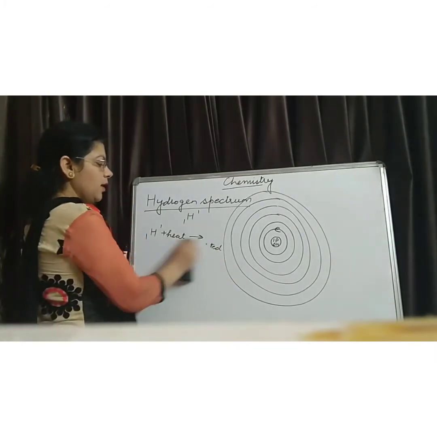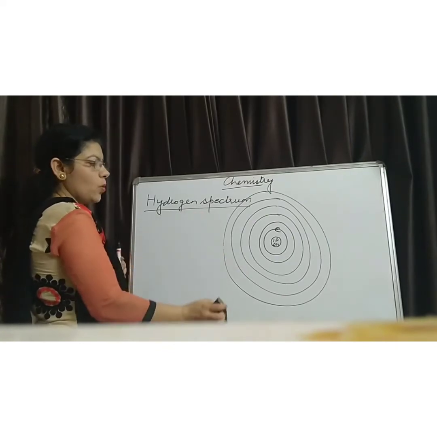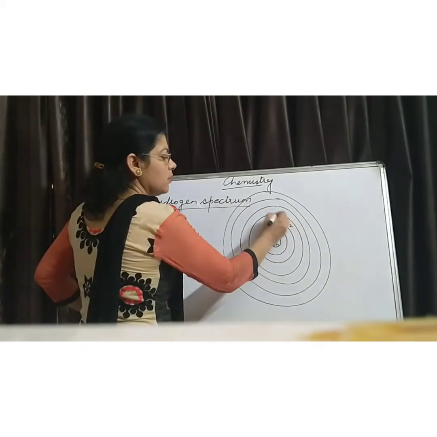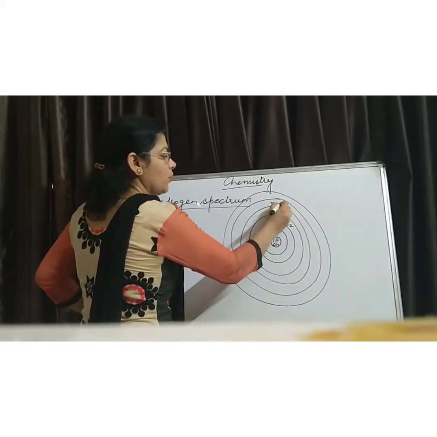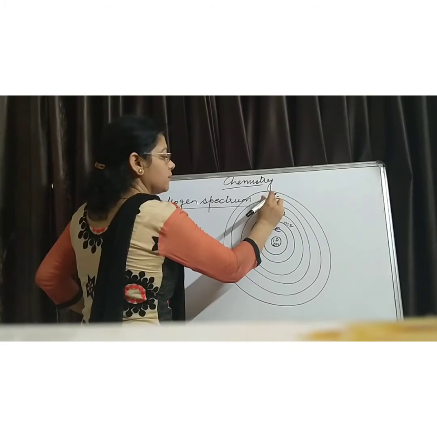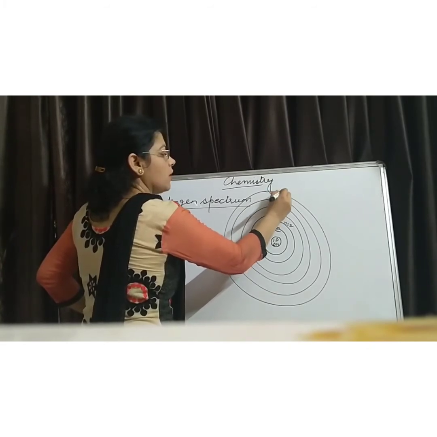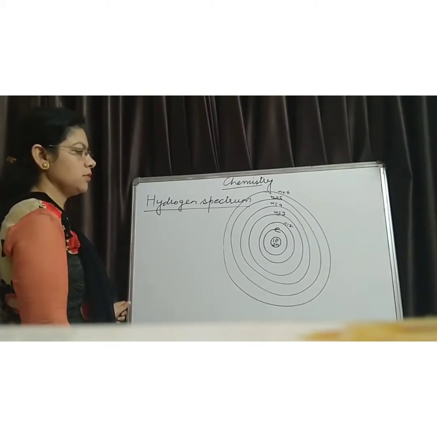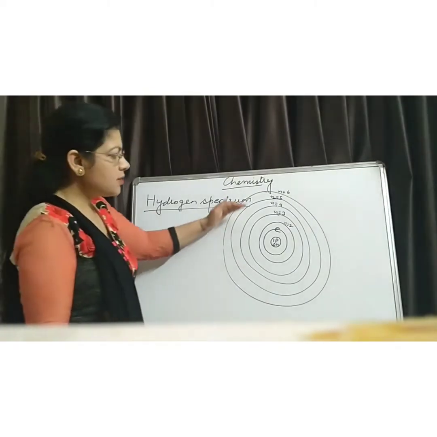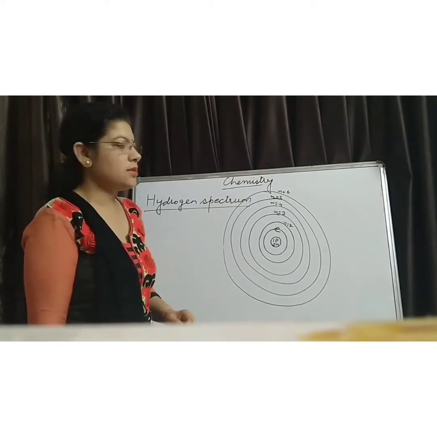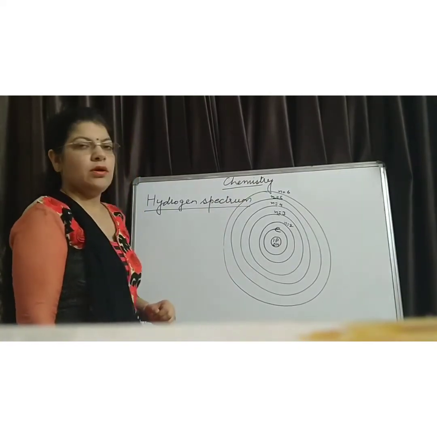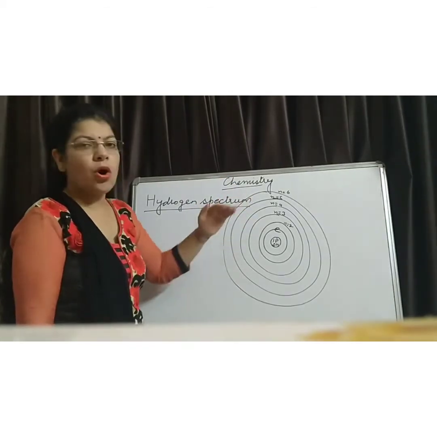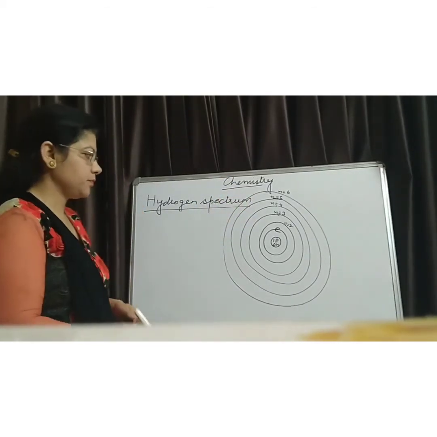Therefore, when we supply energy, the electron may jump into second orbit, third orbit, fourth orbit, fifth orbit or sixth orbit, and so on. What will happen? As these excited states are unstable, the electron jumps into inner orbits to become stable.